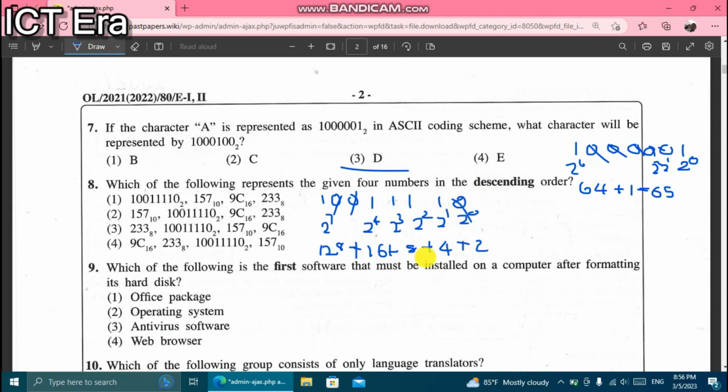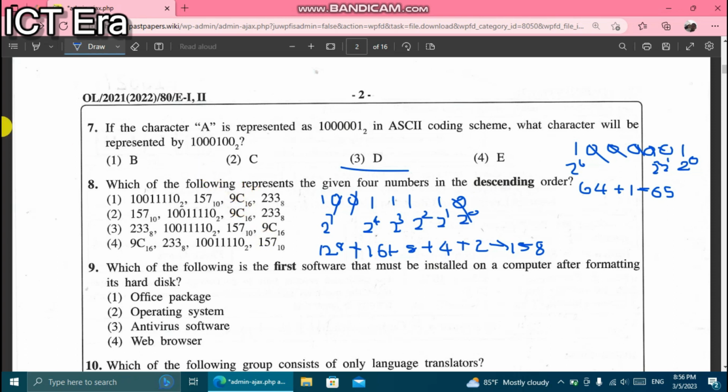Then you can take the answer: 8 plus 4 is 12, 12 plus 2 is 14, then 14 plus 16 is 30, then 30 plus 128 is 158. Then the next one, 157 base 10, means it is already given in decimal.